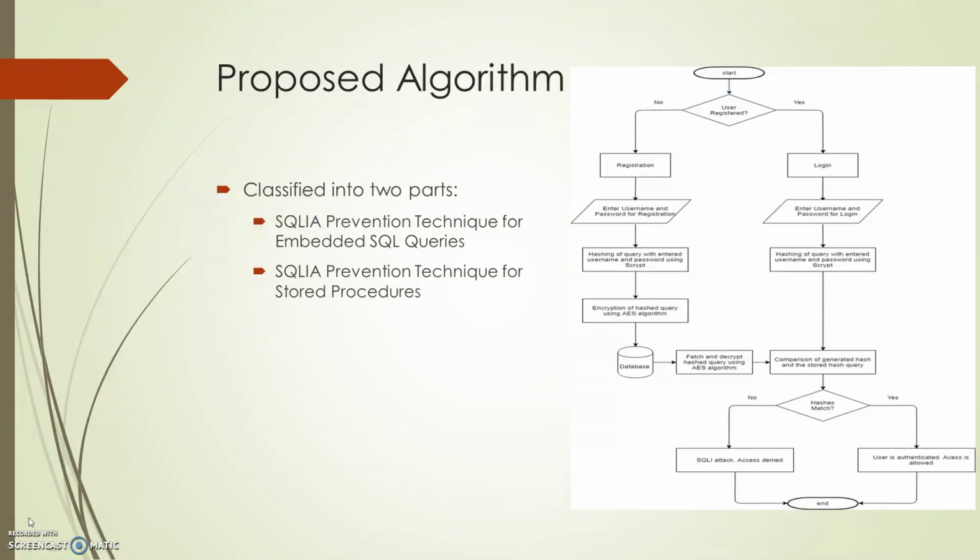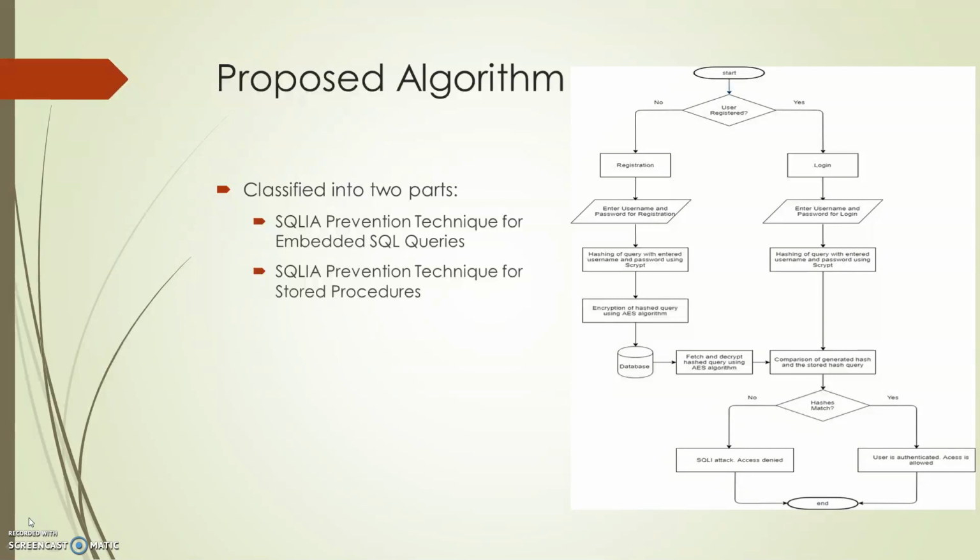During login, when the username and password are entered, the SQL query is formed using them, and this SQL query is hashed using the scrypt algorithm. Then from the database we fetch the stored SQL query that is decrypted using the AES algorithm, and both the hashes are compared. If the hashes match, then the user is authenticated and access is allowed, else there is an SQL injection attack and access is denied.